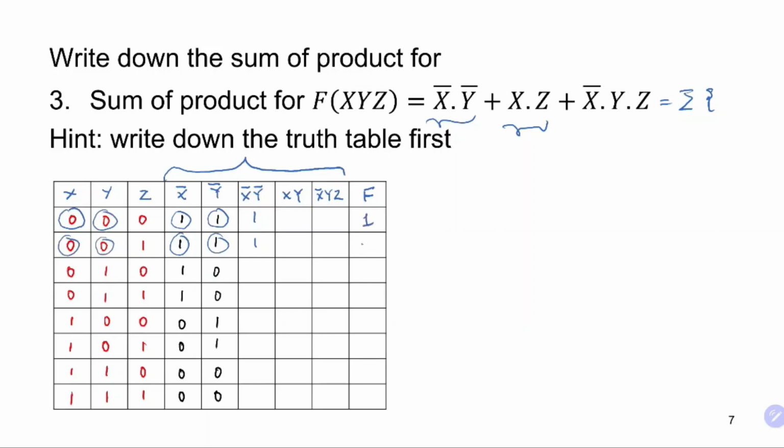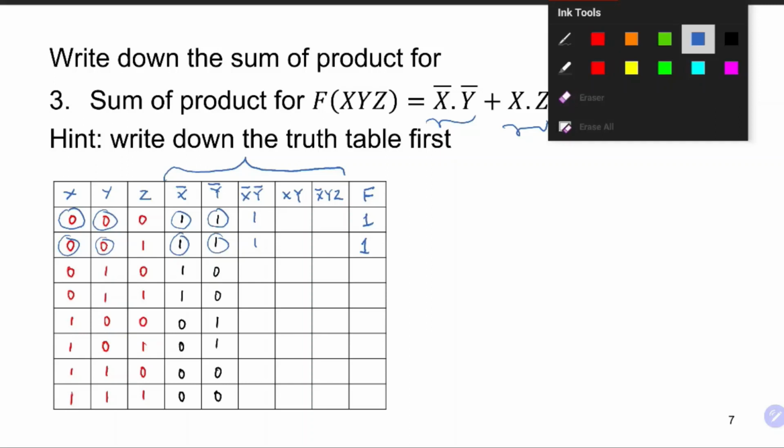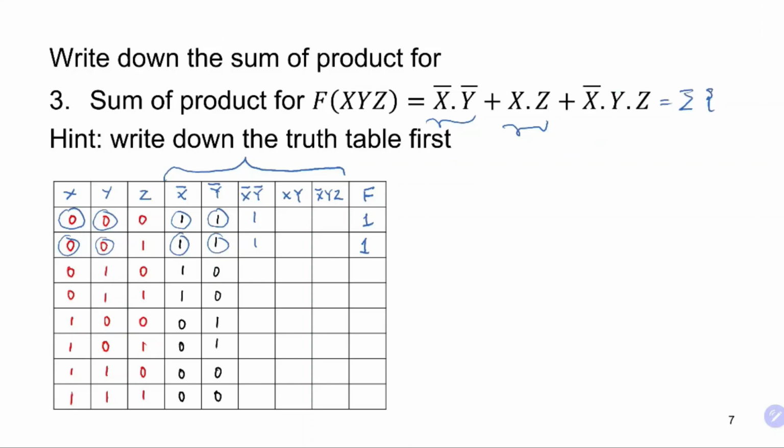Then I have a 1 at the output. And then xy again means that if x and y are 1, I'll have an output of 1.